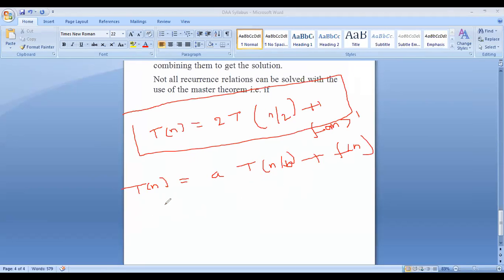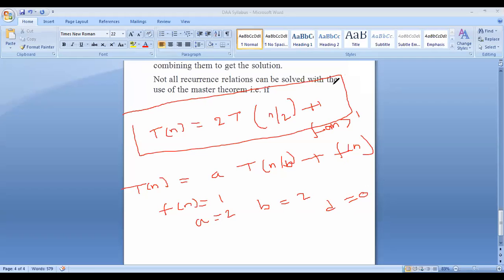Here f of n equals 1, a equals 2 and b equals 2. So what is the d value here? Always we take the default d equal to 0.